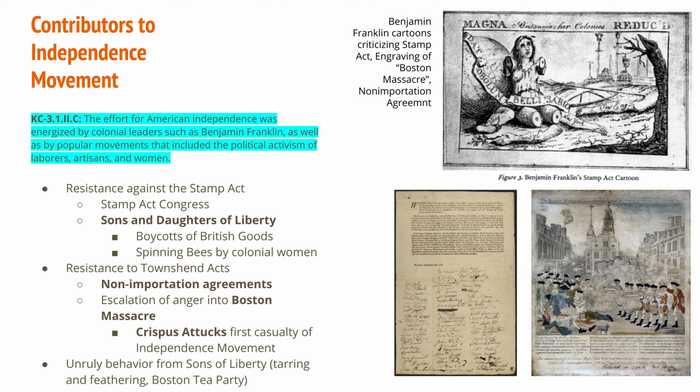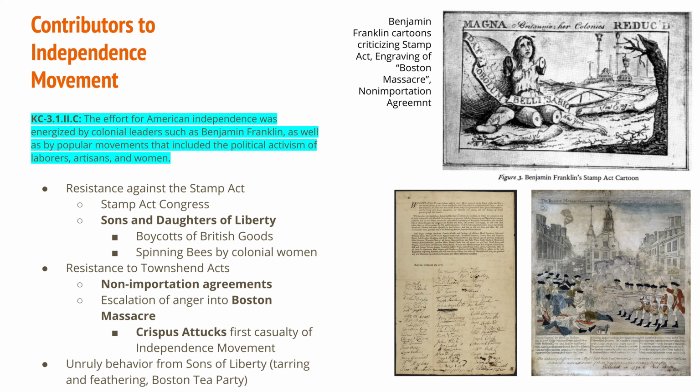And the economic impact of these boycotts and non-importation agreements was strong enough to have Parliament repeal the Stamp Act. Later on, when the Townshend Acts are passed, more colonial resistance comes about, similar to the resistance that was seen during the Stamp Act.